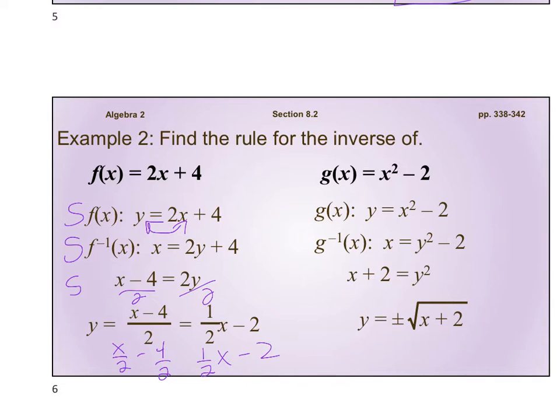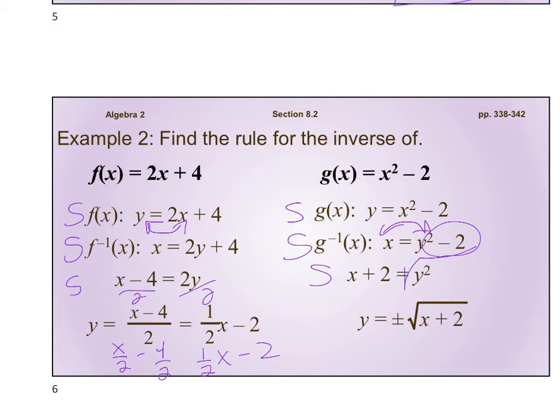All right, substitute. It's putting the y in. Switch. I switched my x and my y values. And now I solve for y. So I'm going to add the 2 to the other side. But now I have y squared. So I have to square root both sides because I have to get y.